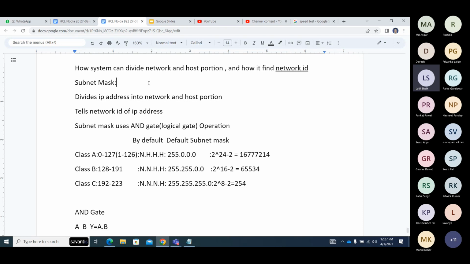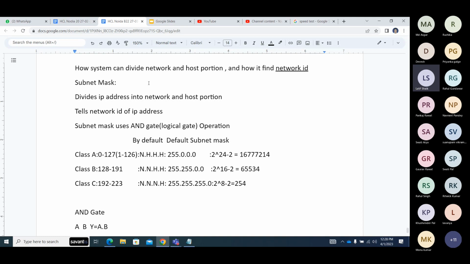The subnet mask divides an IP address into network and host portions, or we can say segregate or separate. We can use any words, guys, whichever is easier or smoother. Divide an IP address, segregate an IP address, separate an IP address into network and host portions.